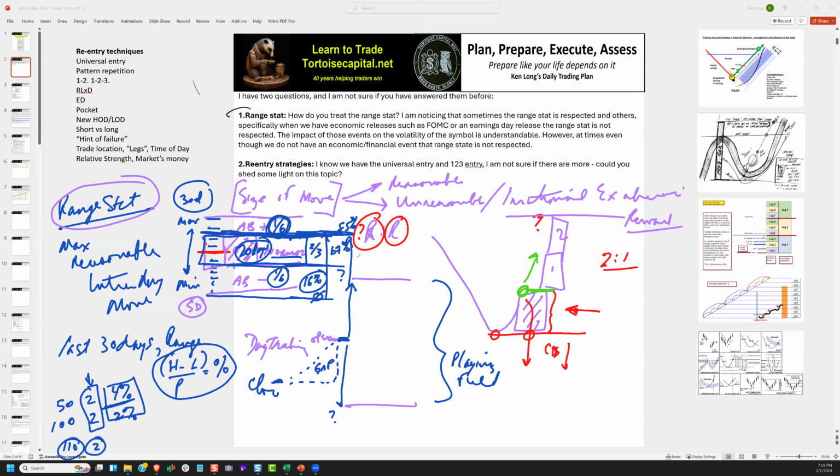Only one time out of 6, in other words, one day out of 5, we could expect to see one day a week where it was going to be more than a range stat, which means most of the time it's going to be less than a range stat.